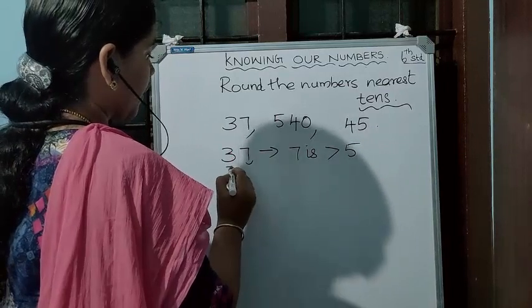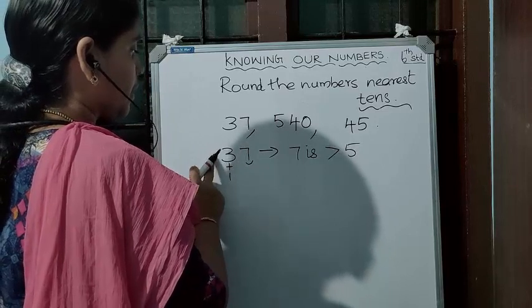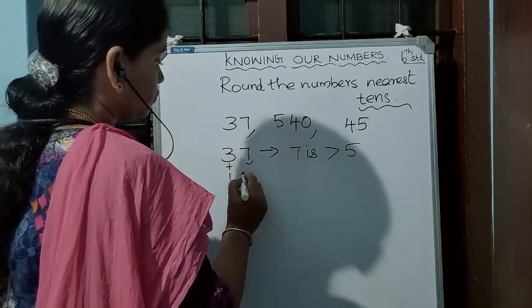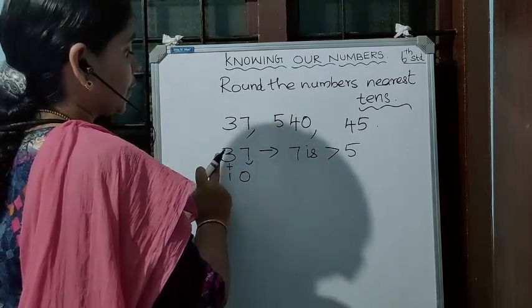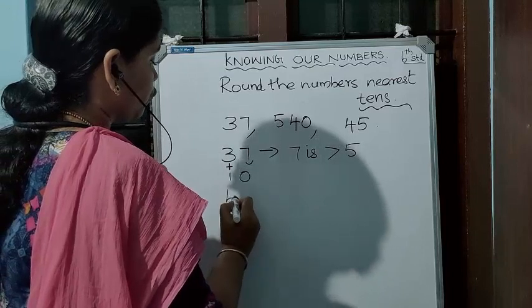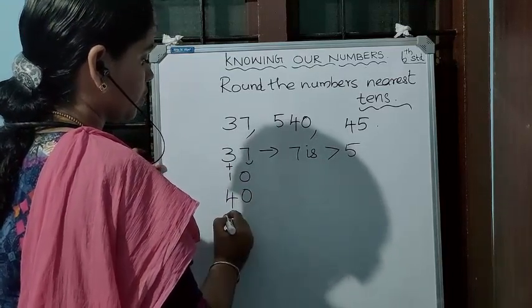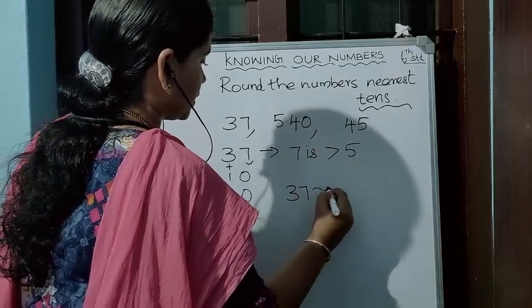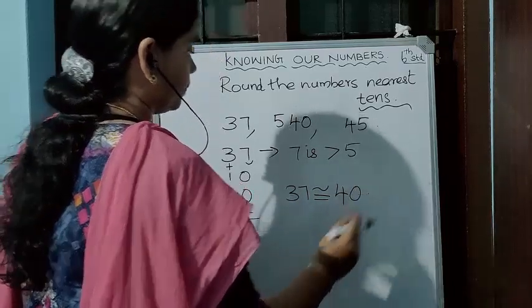We add plus 1 to the tens place number. Then the ones place becomes 0. Clear? Then 3 plus 1 is equal to 4, here 0. So we can say that 37 is estimated to 40.